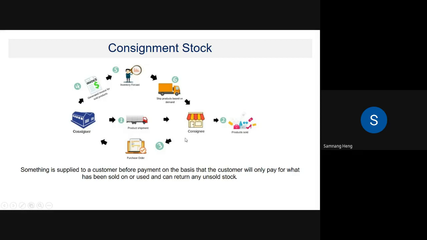But in some cases, for consignment stock, let's say we create a new product and we want the buyer to help sell our product on the market. So first we ship our product and ask them, could I put my products in your store or in your place?